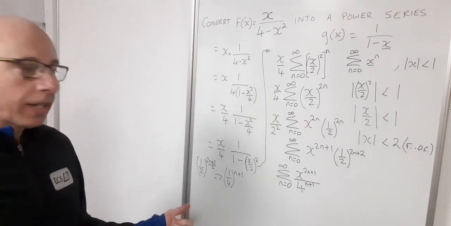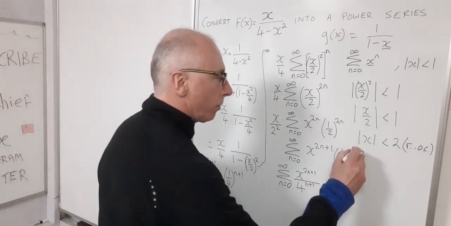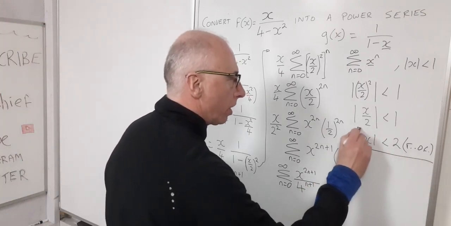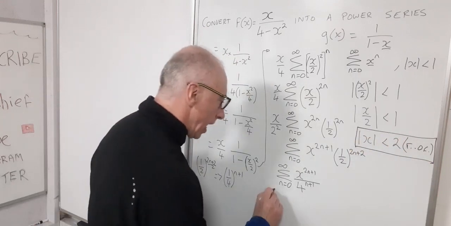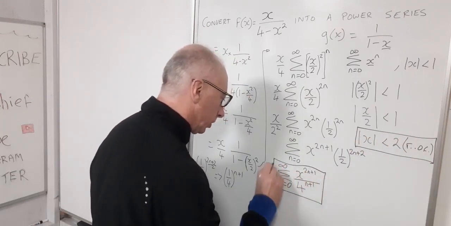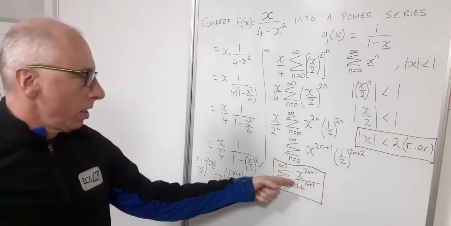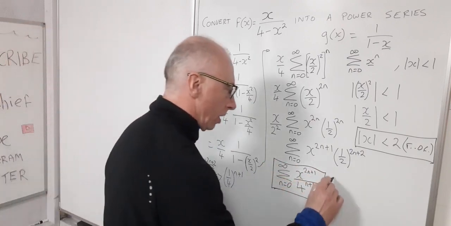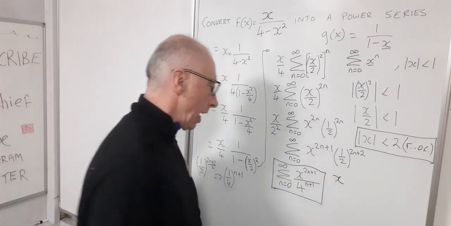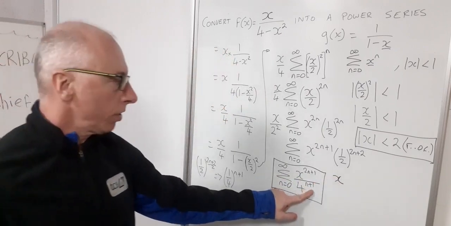Okay, so that's that taken care of. My radius of convergence is this one. So now, just to finish off, I'm going to show what this looks like as a polynomial. If n equals 0, I've got x to the 1, so I've got x, and then 4 to the 0 plus 1, so that's over 4.